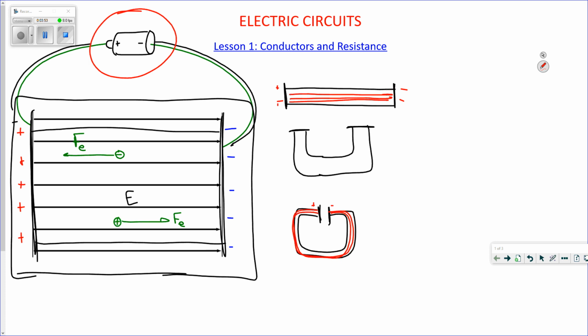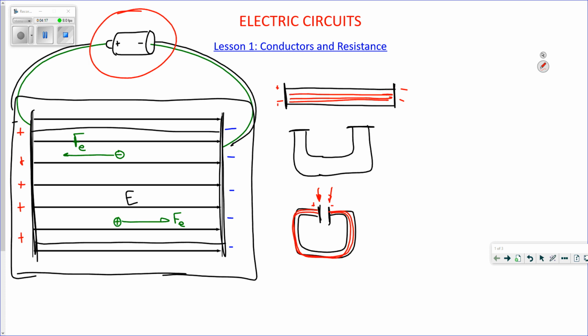So what is a battery? A battery really is a source of what's called positive potential and negative potential that creates a field. And what we let that field get created in is something that has lots of electrons in it that are easy to move around, and that thing's called a conductor. A conductor is a wire.